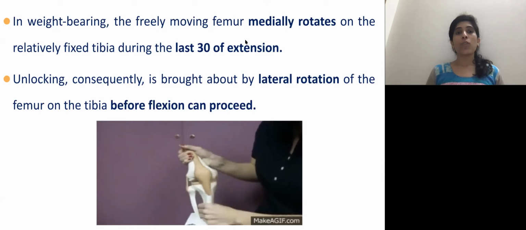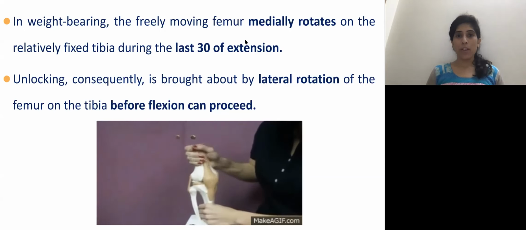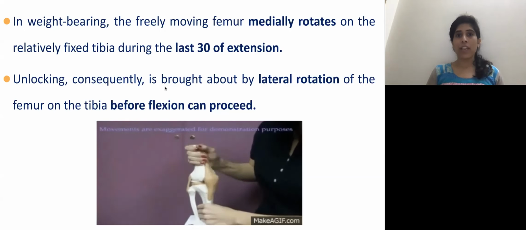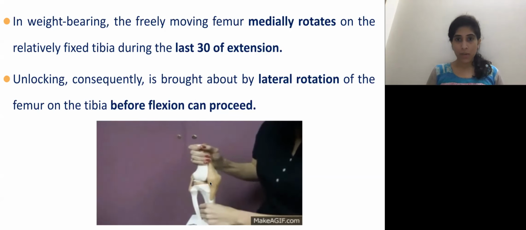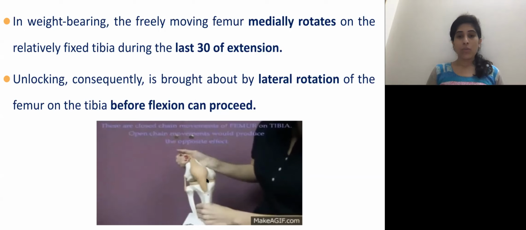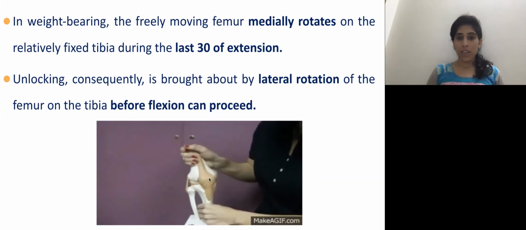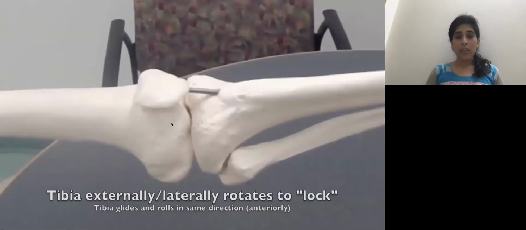Okay, and to unlock that, the lateral rotation of the femur on the fixed tibia is required before proceeding to the flexion. So here you all can see during the extension, medial rotation, and to start flexion, there is a lateral rotation, and then again this motion will get started. Okay, so now I'll try to play this video.